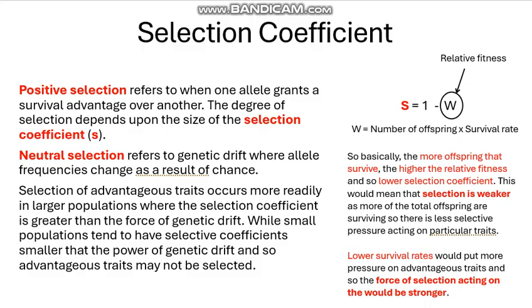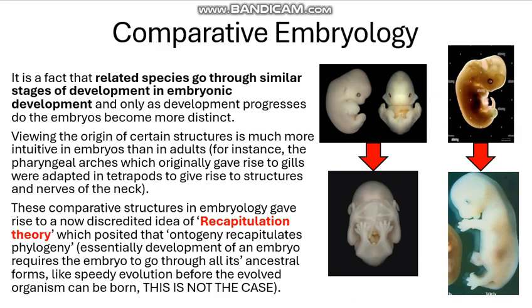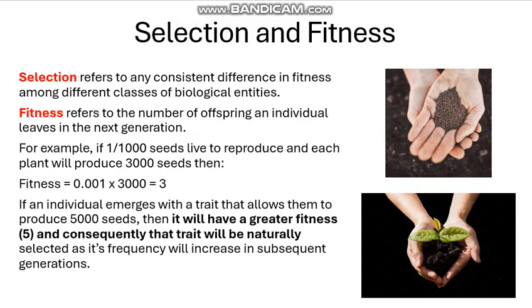So we calculate selection by doing 1 minus the relative fitness, and we calculate the relative fitness by basically doing the number of offspring produced multiplied by the survival rate, which is exactly the same as what we did a little while back, where we were calculating fitness as the number of offspring produced multiplied by the probability of survival.